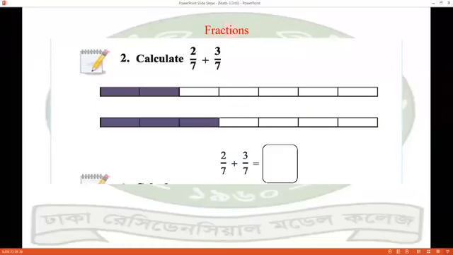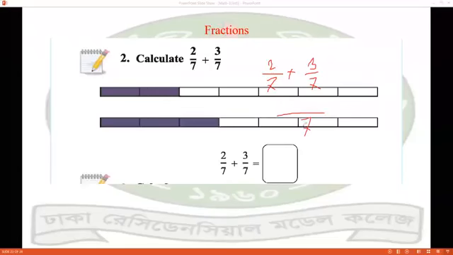Calculate 2 by 7 and 3 by 7. What will it be? We simply add them together. 2 by 7 plus 3 by 7. Common denominator 7.